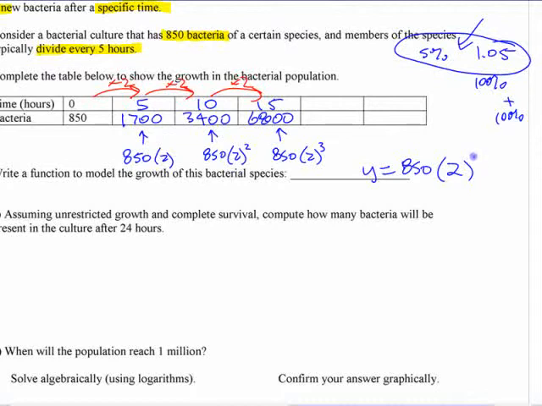What's the problem, though, if I just put an x up here? It's not multiplying every 1 hour here. After 5 hours, you want it to have multiplied by 2 once. If I do it this way and just put an x there, after 5 hours it would be 850 times 2 to the 5.